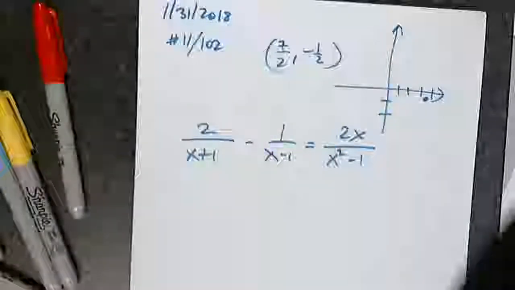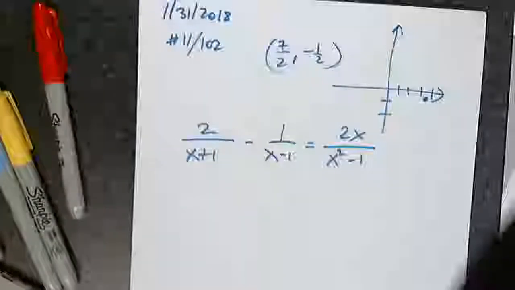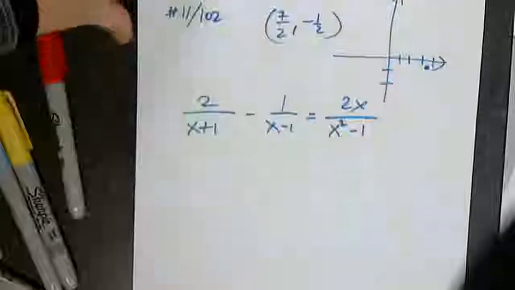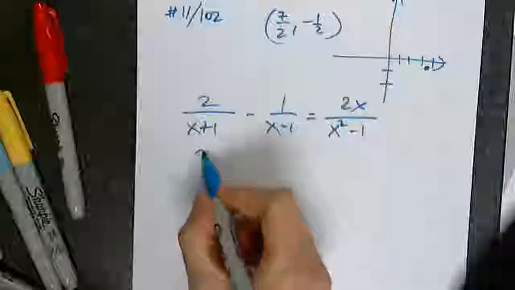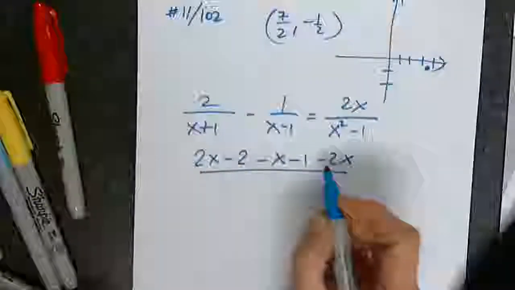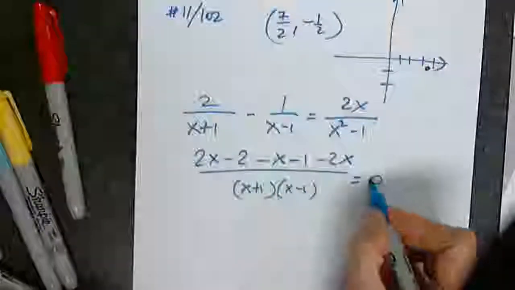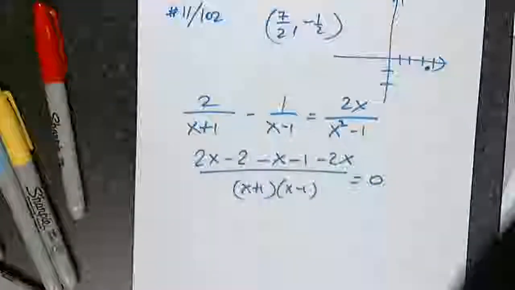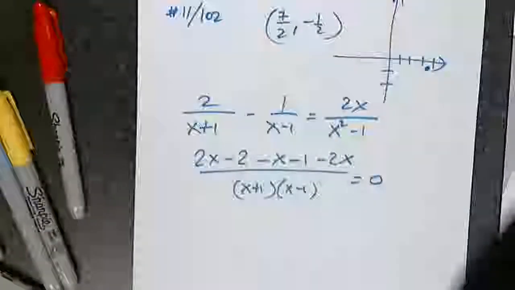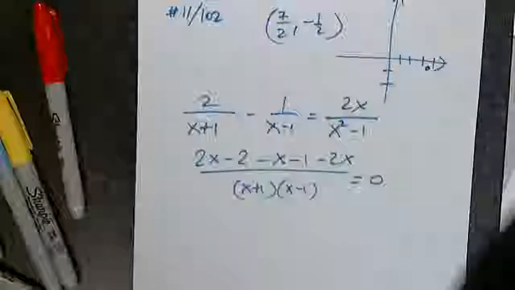And we took it to, and I know I went over 2 minutes, and I promised to finish 2 minutes early today as a token of respect to you and your time. So 2x minus 2 minus x minus 1 minus 2x divided by x plus 1, x minus 1 equals 0. Right? That's where we stopped. Agreed? Perfect.